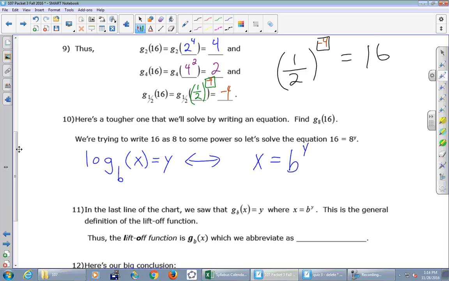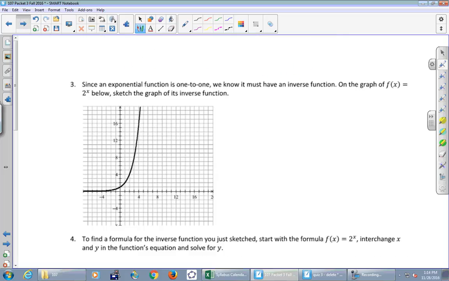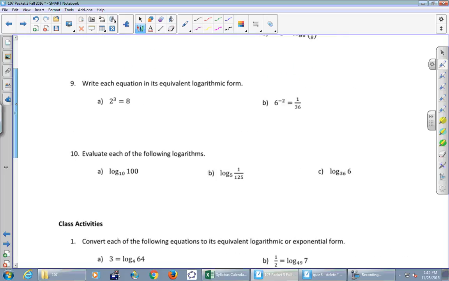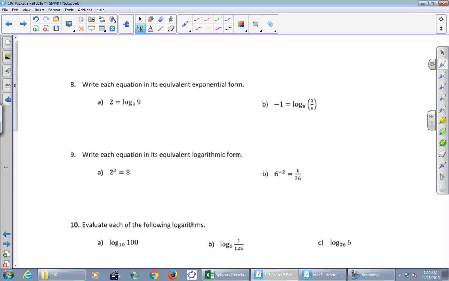And so for example, let's go up here. I'm just going to make something up. If I say log base 7 of 49 equals, what that means is that I'm asking you to rewrite that 49.